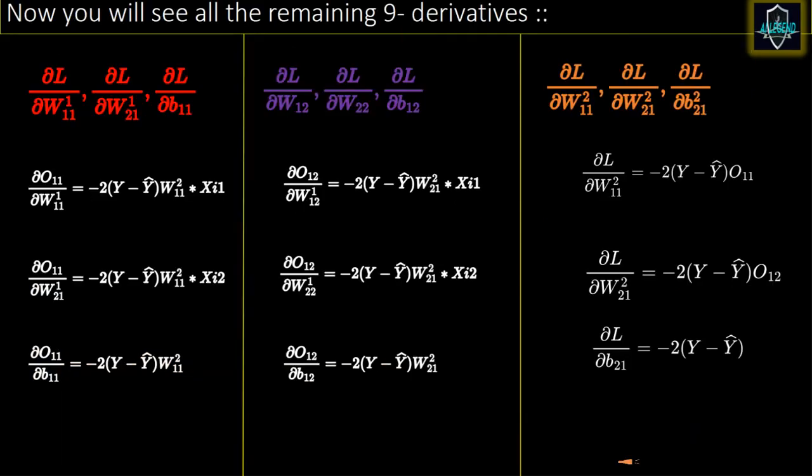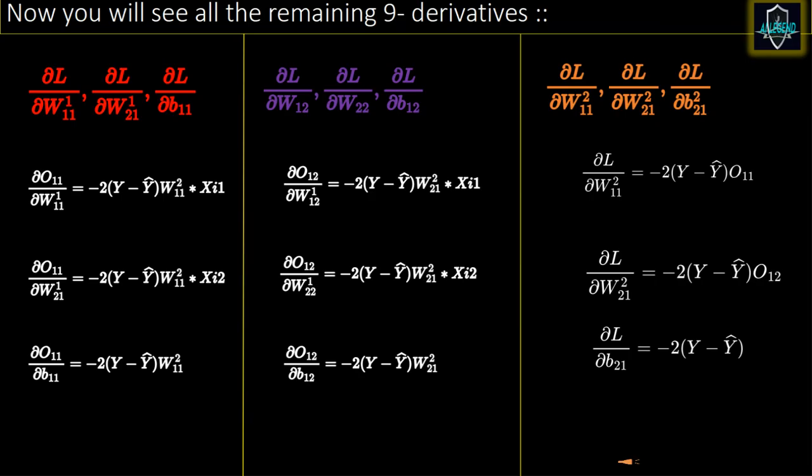Now you can see all the derivatives in the figure. ∂L/∂W111 is equal to minus 2 times (y minus y hat) multiplied by W211 xi1. This is the first term.